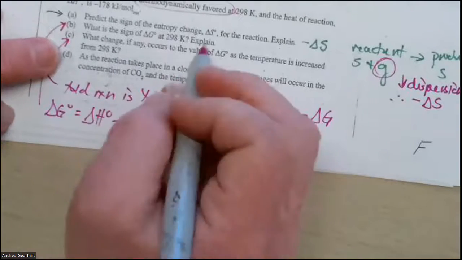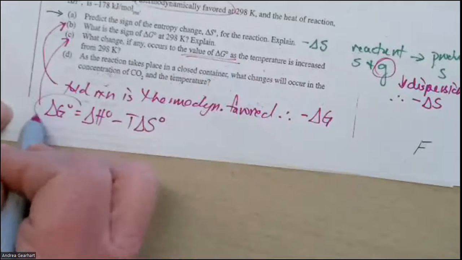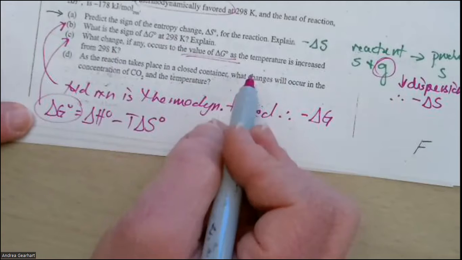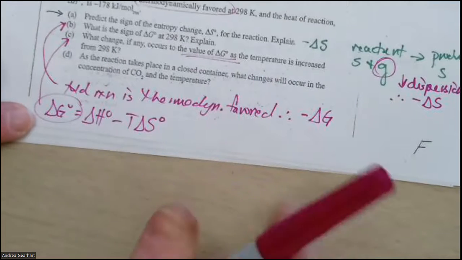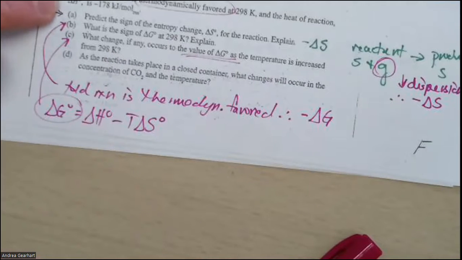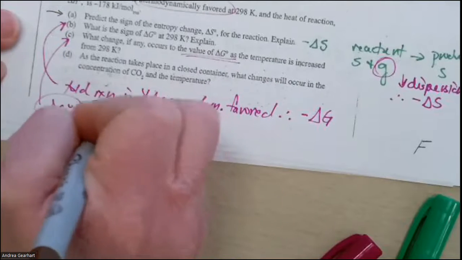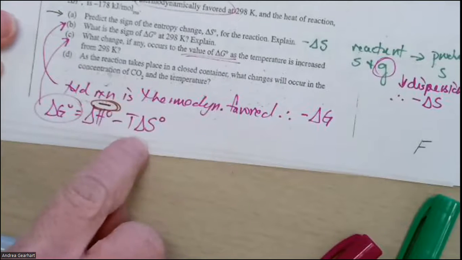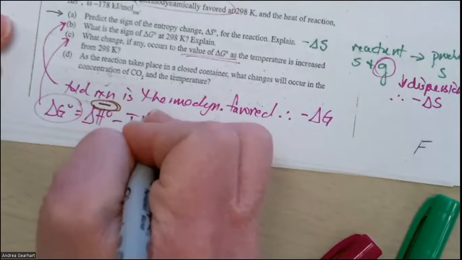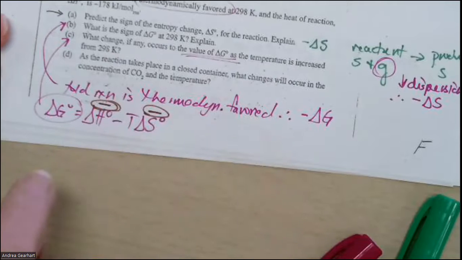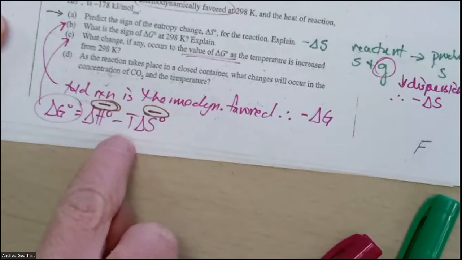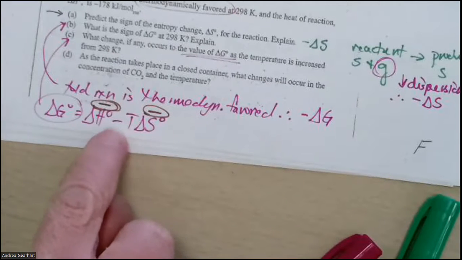So then, what happens to the value of delta G as temperature is increased? So we are told that delta H is negative. Okay, that's in our favor. But delta S is negative. And so this is always going to be positive.